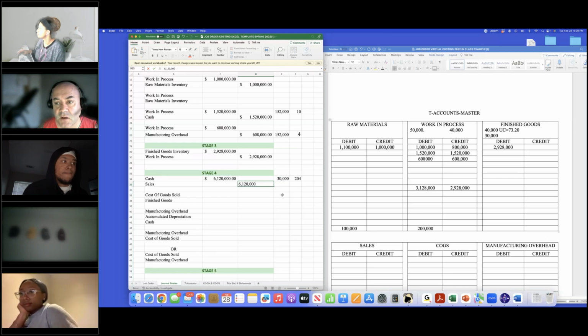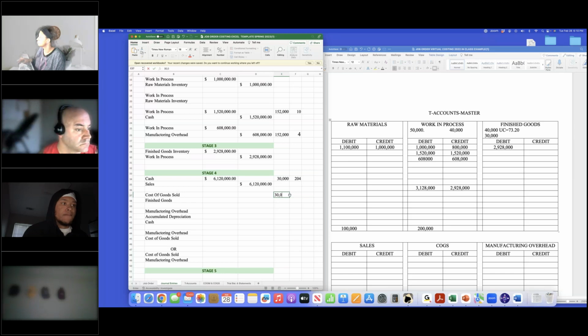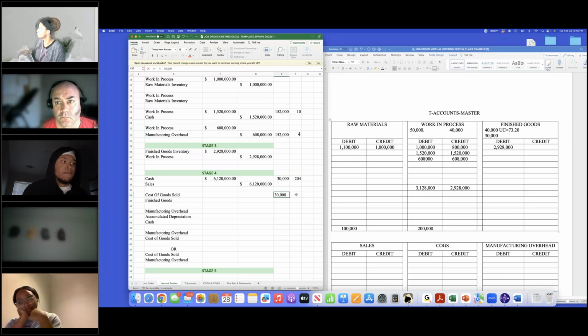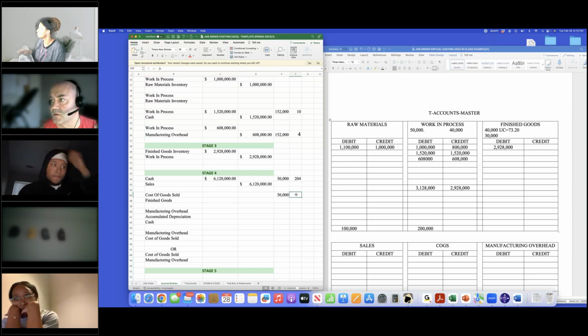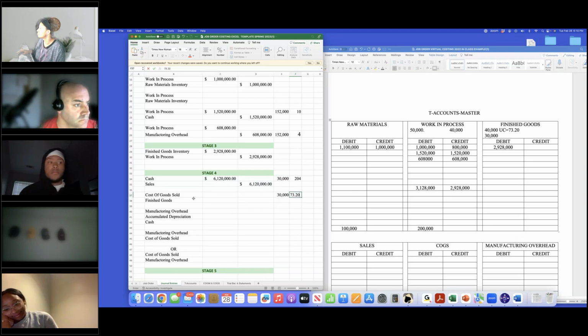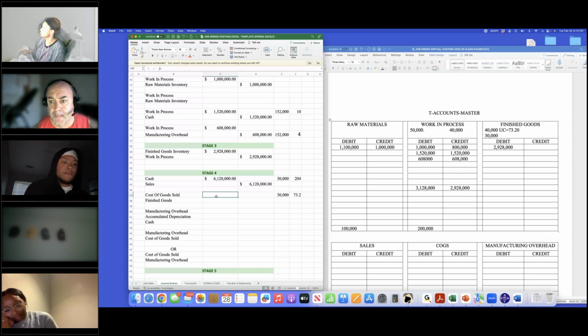So what the actual unit cost was times 30,000. That was 73.20, right? Yes, sir. So that's going to be how much? 2,196,000.